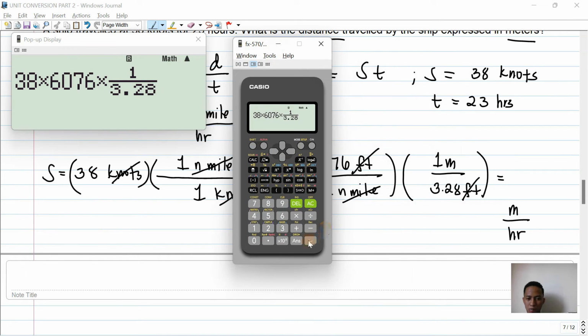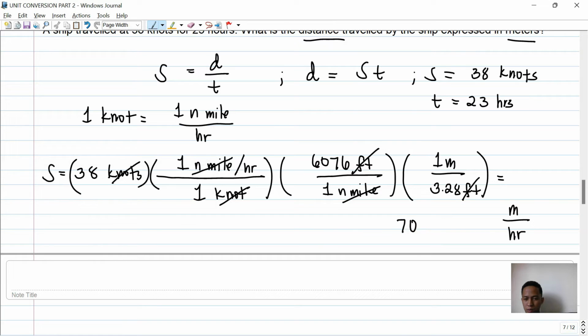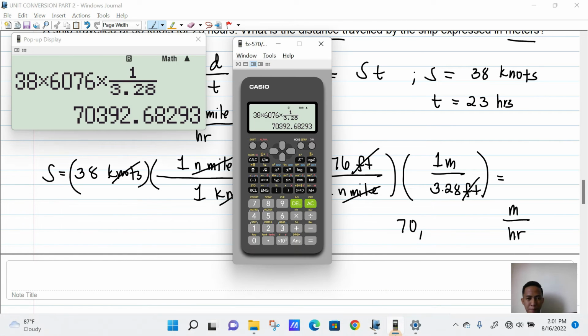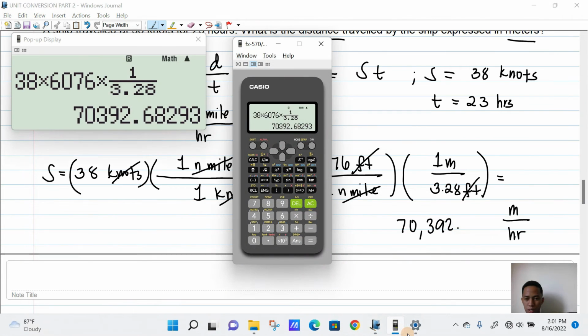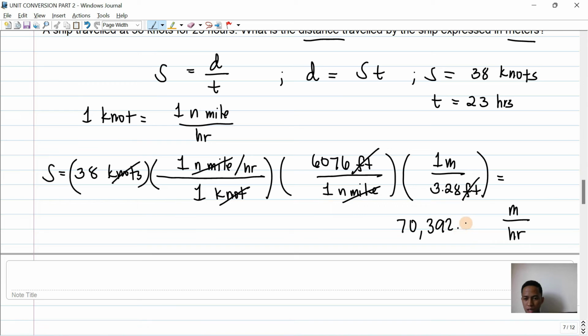Okay, double check lang, then press equals. Gives you this value. So 70,392.68. That is meters per hour.